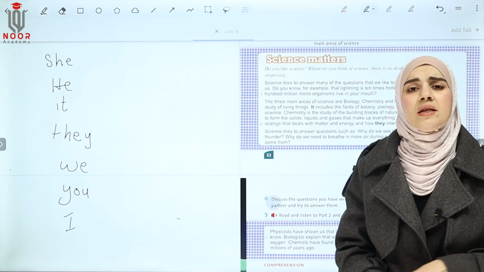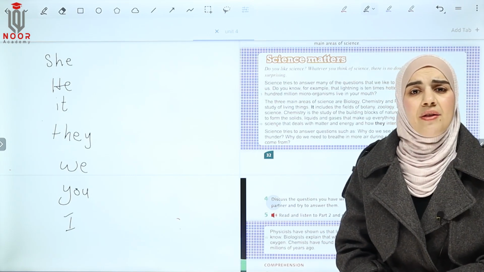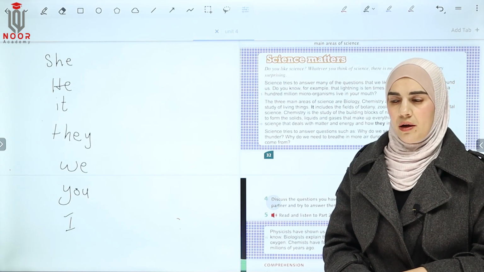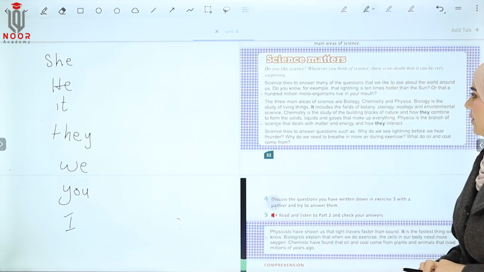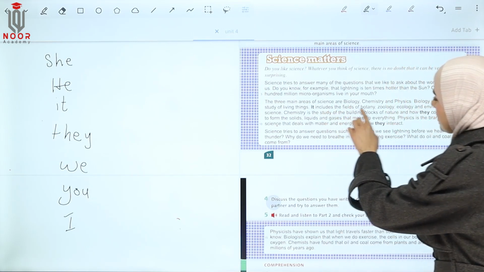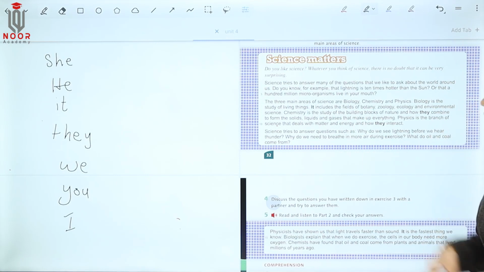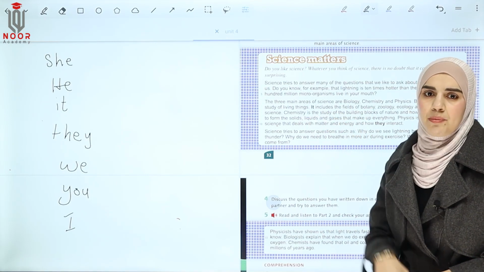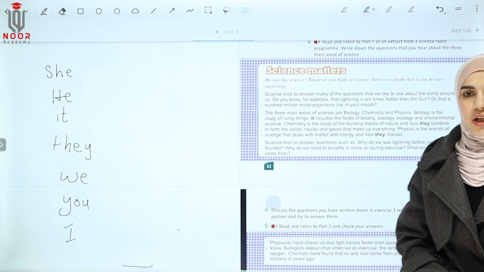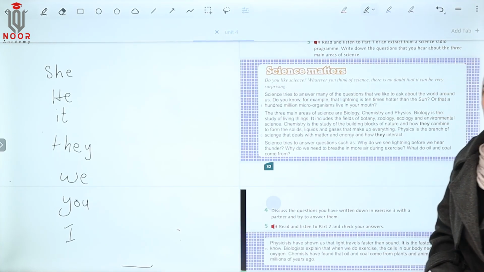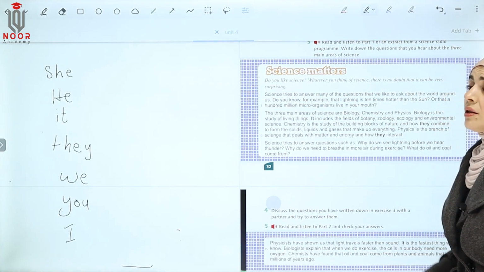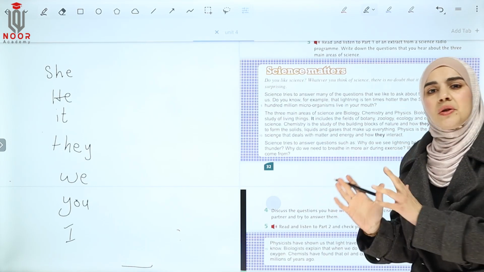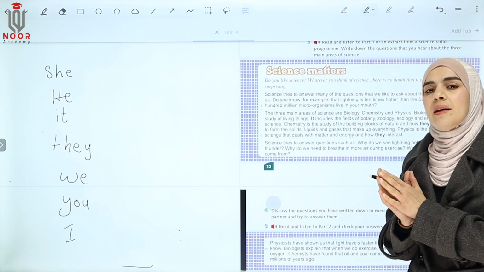You should focus how to refer them very well. For example here, it includes the fields of botany, zoology, ecology. What it compensates of. So as a توجيهي student, you should focus on what? On pronouns. Pronouns are very important in my context.